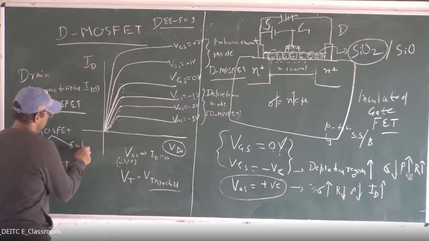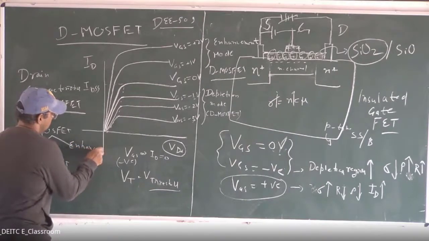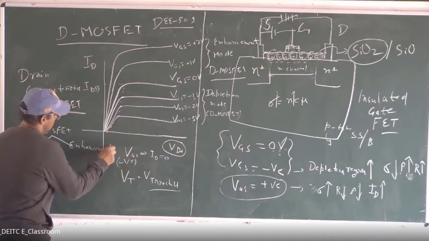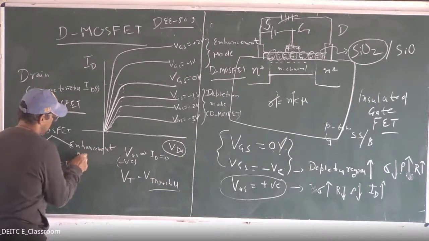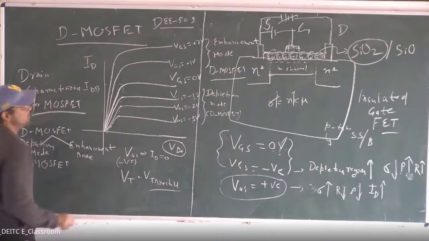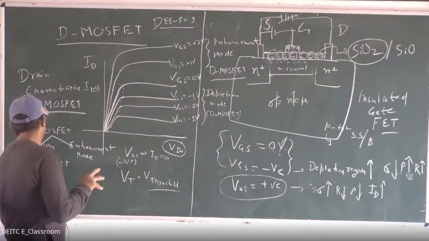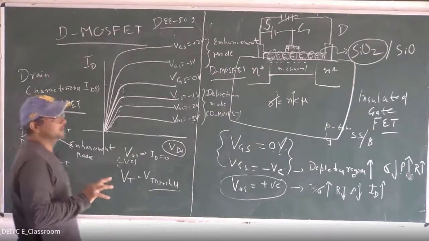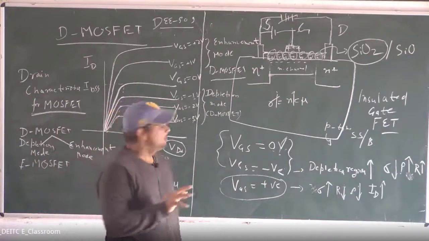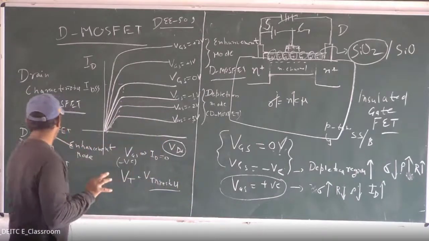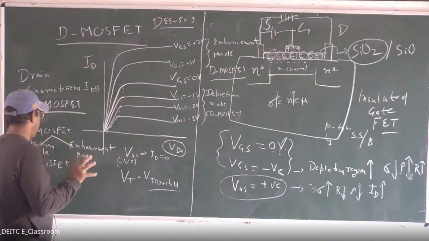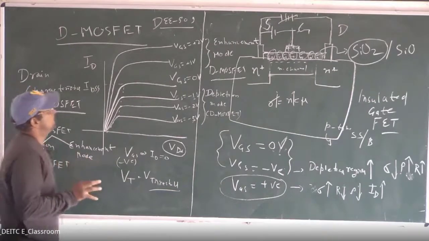So I hope this is clear now. You will not get confused about this enhancement MOSFET and mode. So there are two modes, the depletion mode and enhancement mode. This is the mode regarding the D-MOSFET and E-MOSFET.